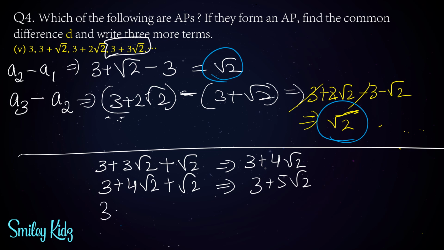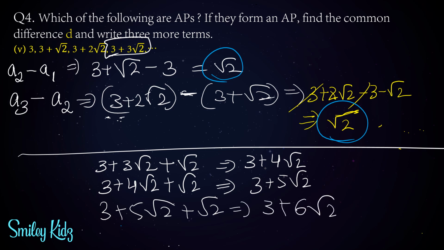And then 3 plus 5 root 2 plus root 2 will give you 3 plus 6 root 2, which is your next term, isn't it? So the common difference is root 2, and the following terms are 3 plus 4 root 2, 3 plus 5 root 2 and 3 plus 6 root 2.